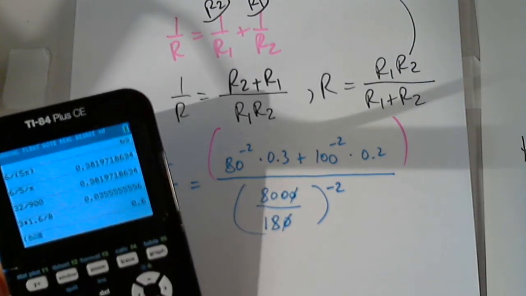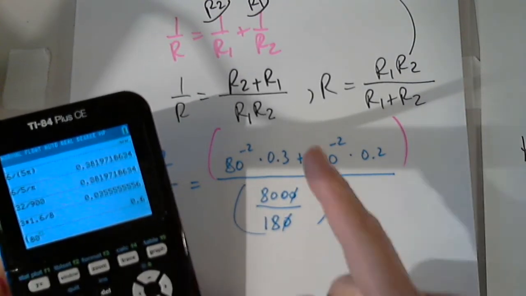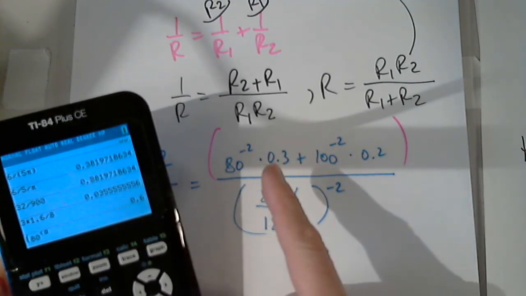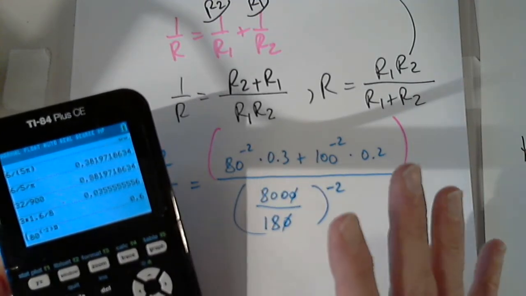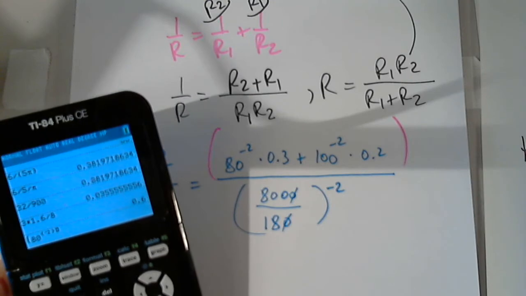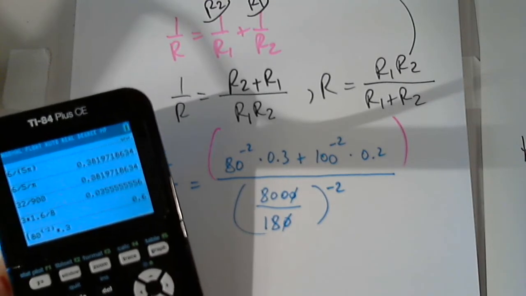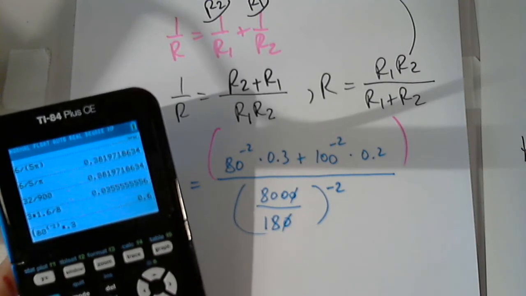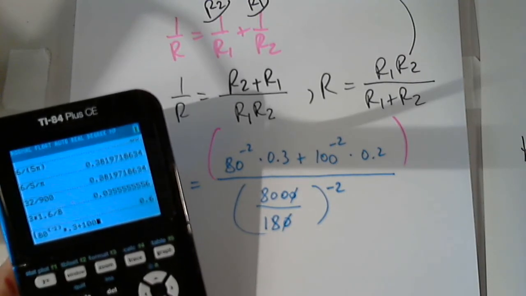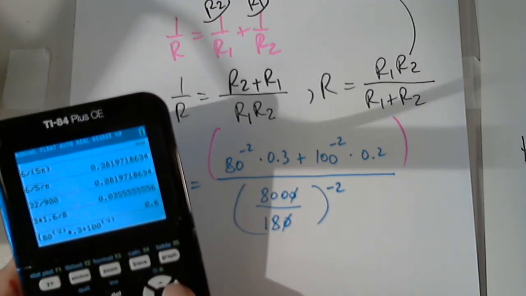Left parenthesis, 80, power. I always put parentheses around that negative power. Depending on the calculator you have, please be very careful. Multiply by 0.3. Plus 100 to the power negative 2. I close the parenthesis.